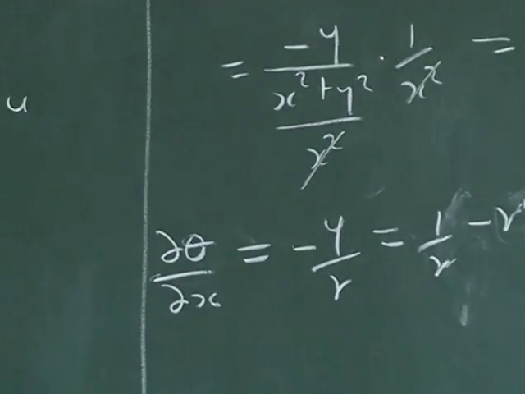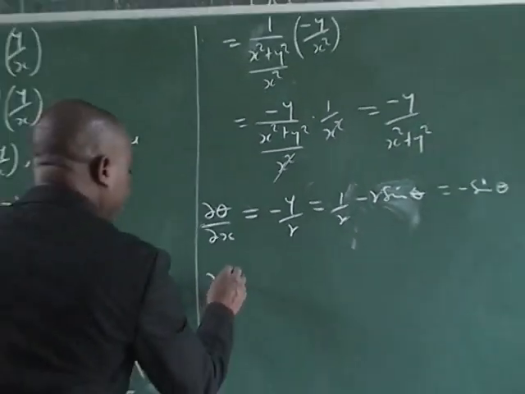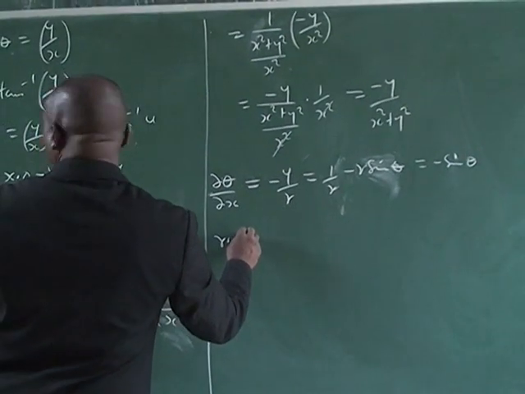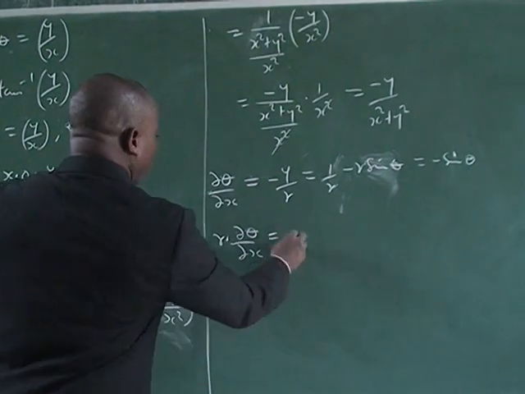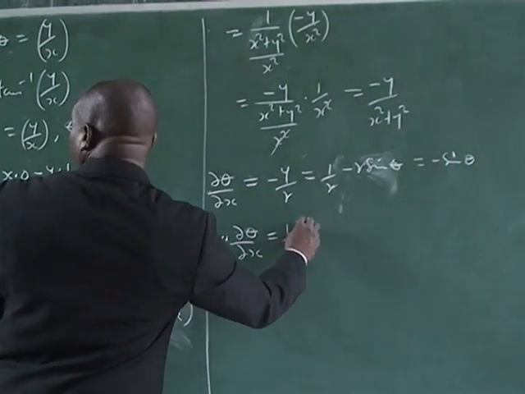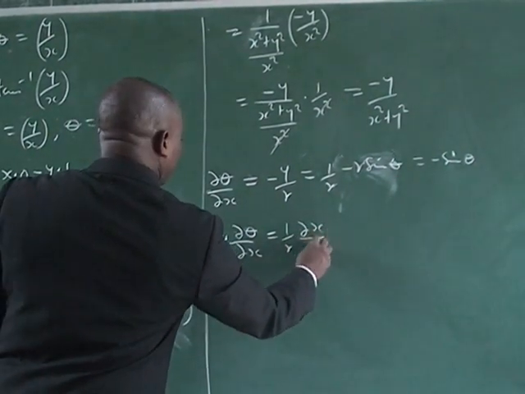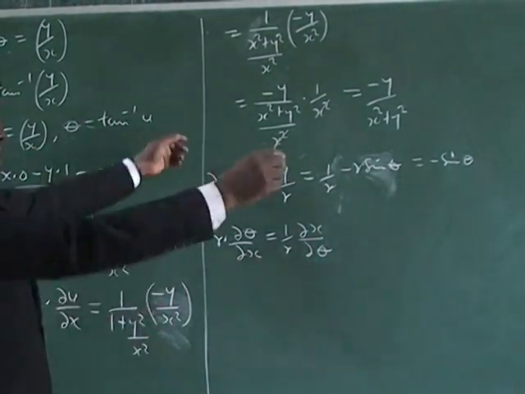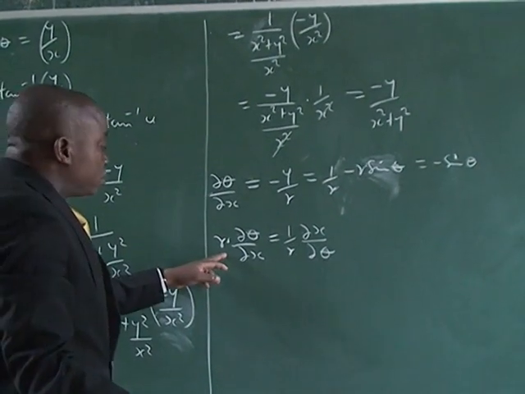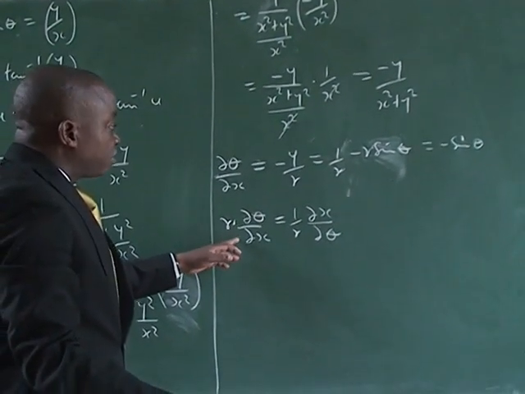And we wanted to show that r times partial theta over partial x is equal to 1 over r times partial x over partial theta. Now you see what we have.